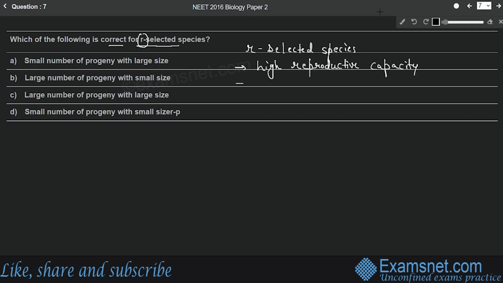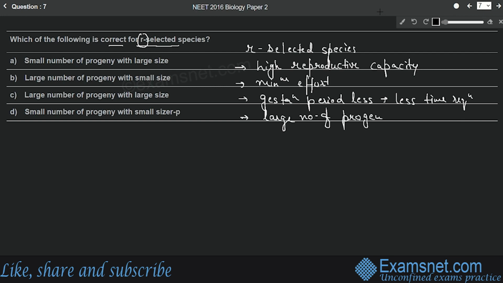That means with minimum effort and in very less time they can produce a large number of progeny. So minimum effort is required, their gestation period is very less, so they require very less time, and they produce a large number of progenies, and such progenies are very small in size.